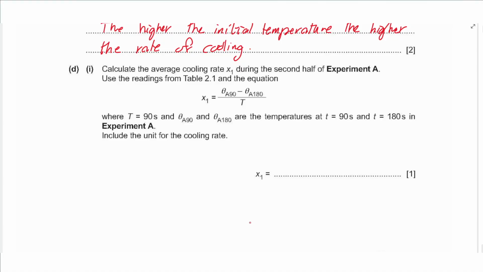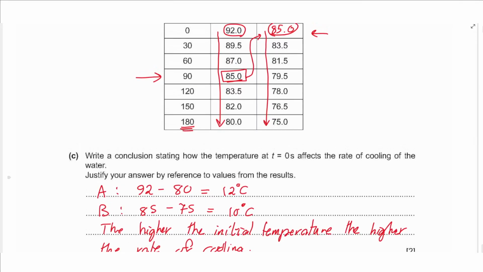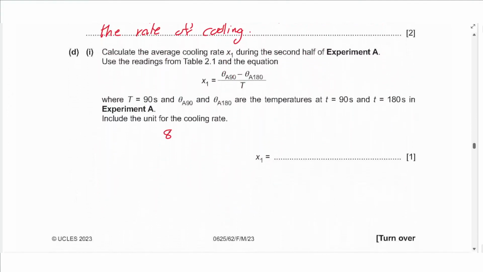So we go back to the table. At 90 it's 85, at 180 it's 80, so we subtract 85 minus 80 and divide by the time 90. This gives an answer of 0.056, and we are required to write down a unit.